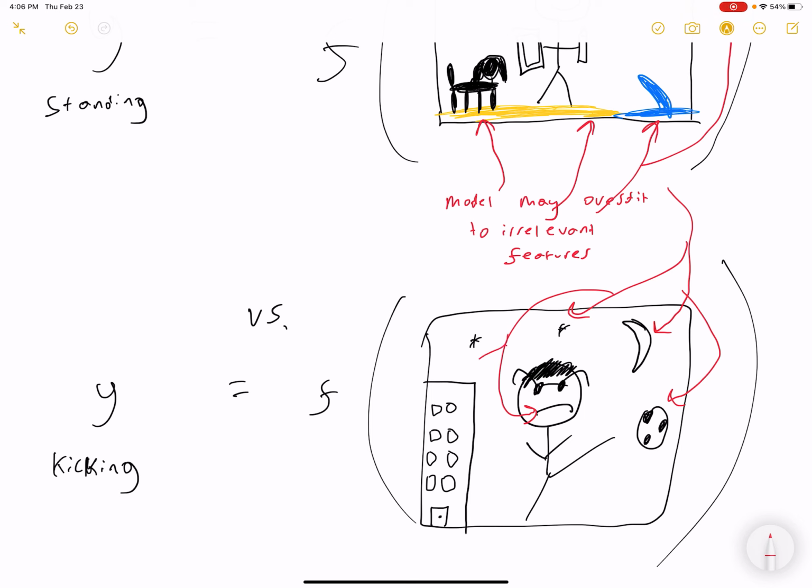I don't know why there's sunglasses at night in this picture, but I didn't think that through.